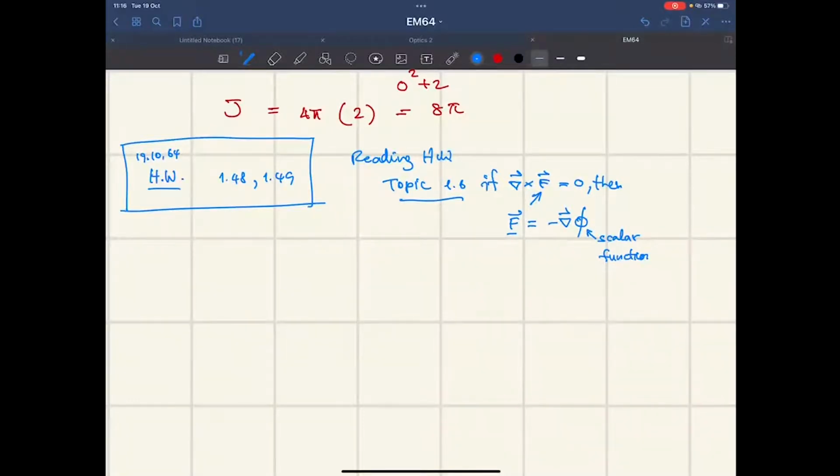But if the curl is not 0, this is not right.